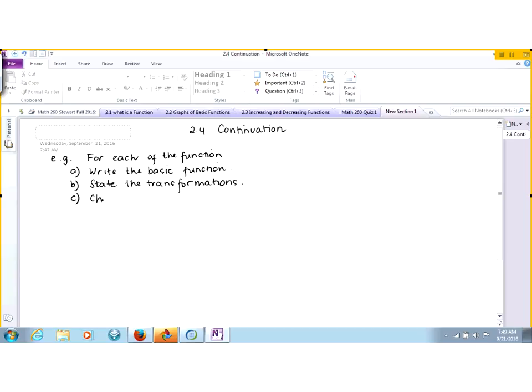C, choose 3 points from the basic function and show each step of transformation.